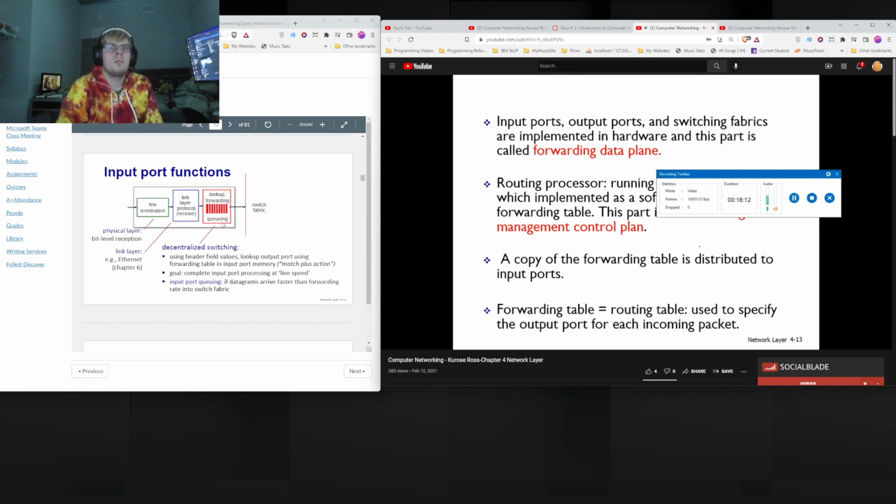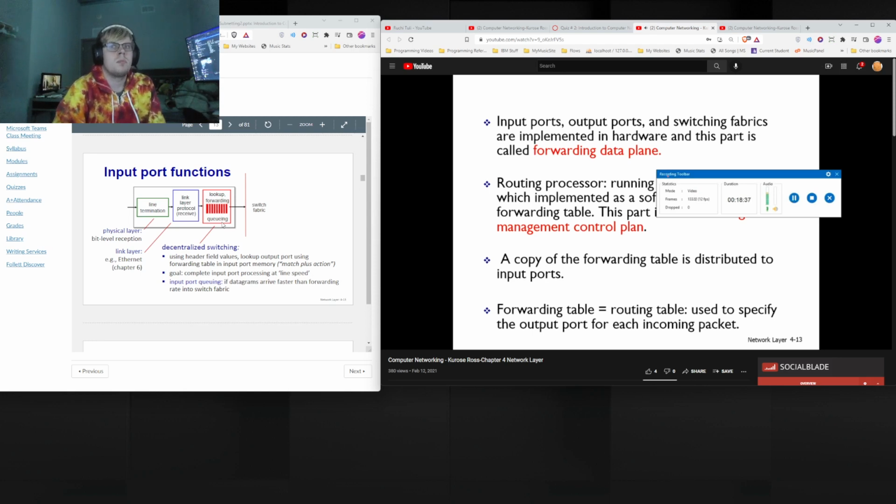It performs the physical layer function of terminating an incoming physical link to a router. It can perform the data link layer function also, which is needed to interoperate with the data link layer. It also performs the lookup and the forwarding function. Let me discuss one by one.